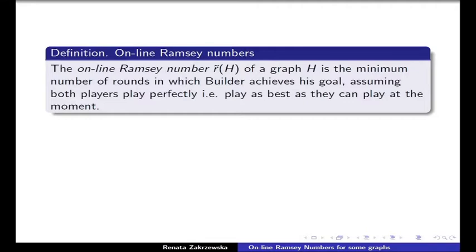The online Ramsey number of a graph H, denoted by R with a tilde of H, is the minimum number of rounds in which builder achieves his goal, assuming both players play perfectly. It means they play as best as they can at the moment.